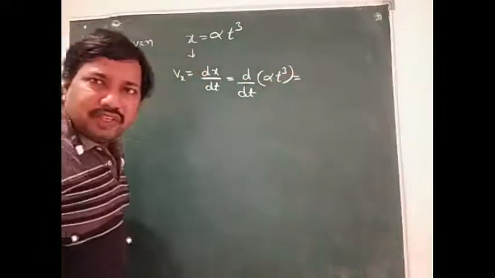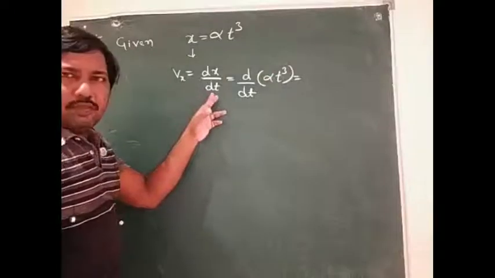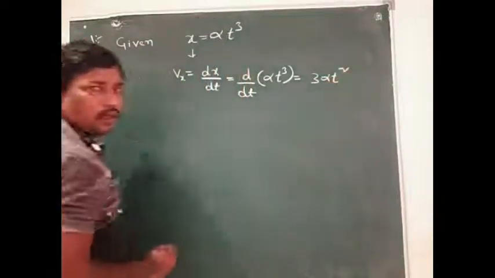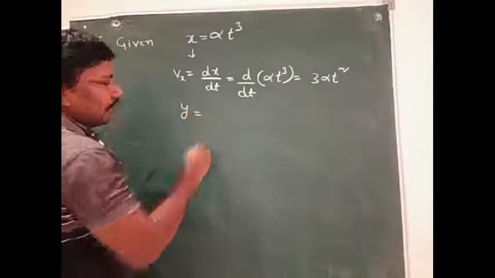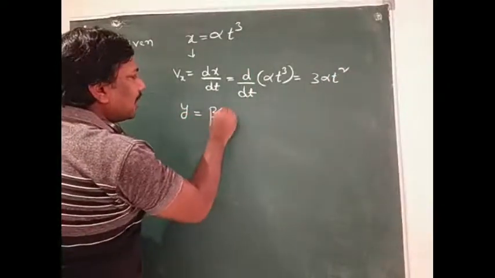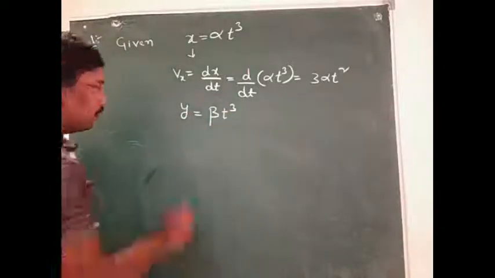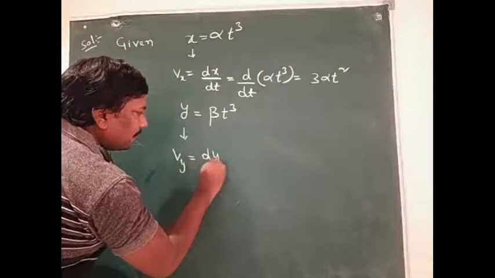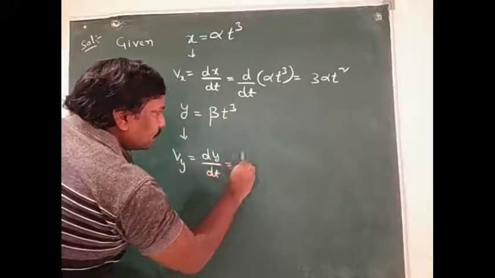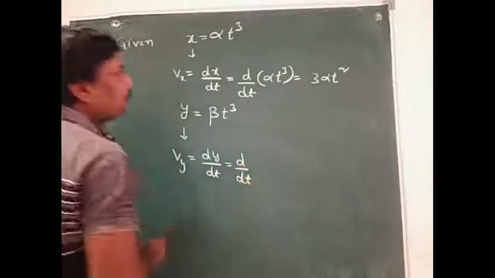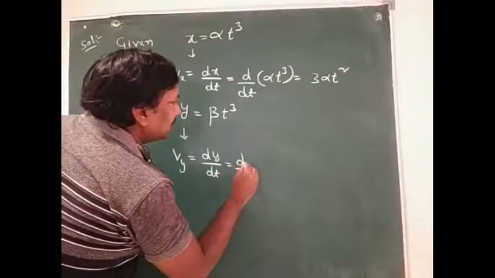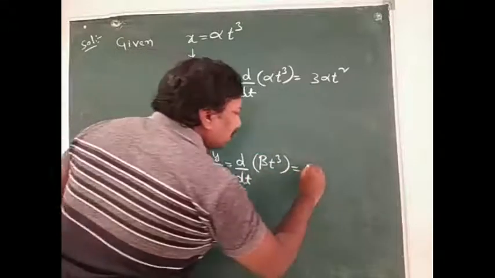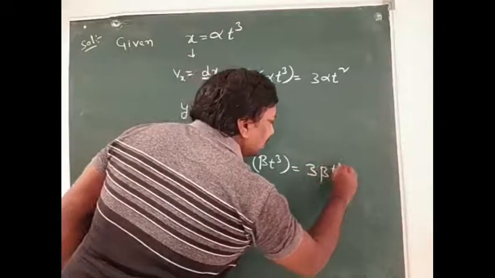Differentiating the above equation with respect to time, therefore 3 alpha t square. Now in the given problem y equal to beta t cube. Therefore Vy equal to dy by dt, that is d by dt of beta t cube. Therefore 3 beta t square.